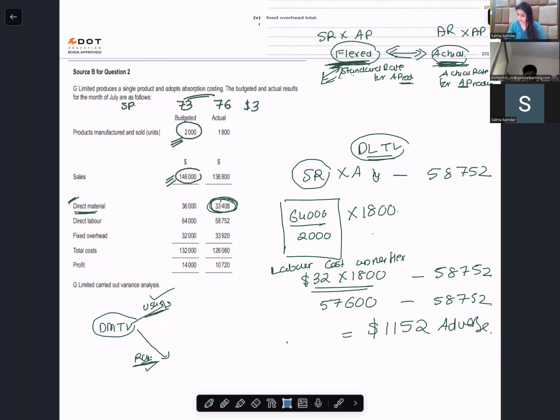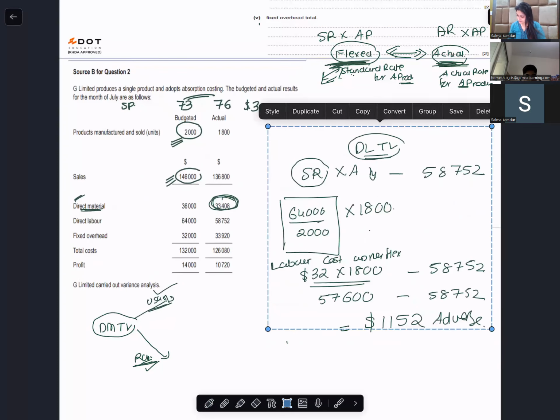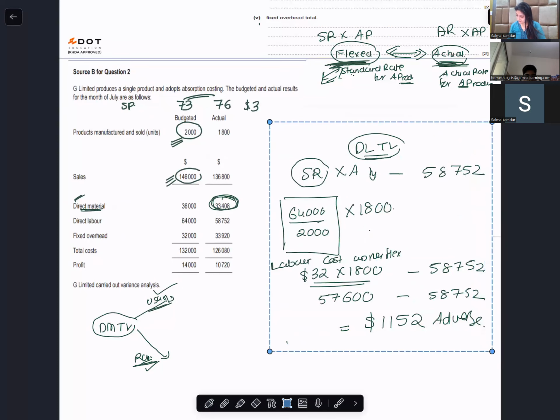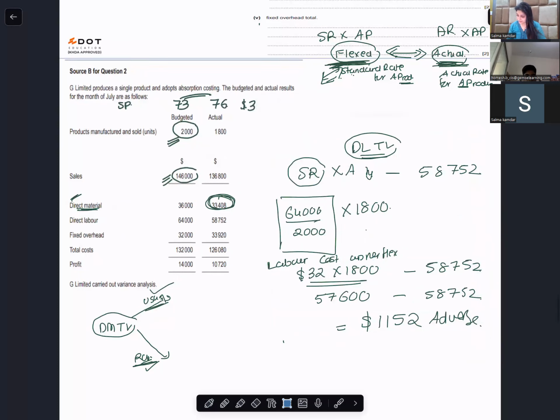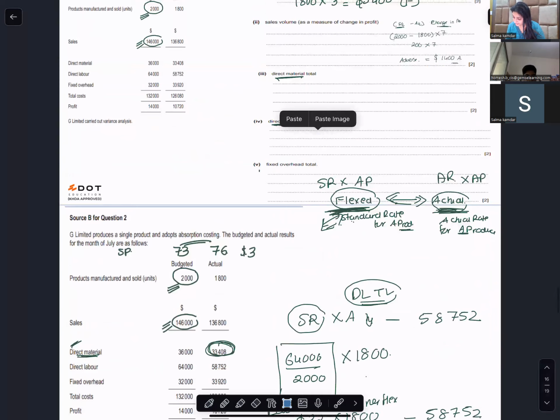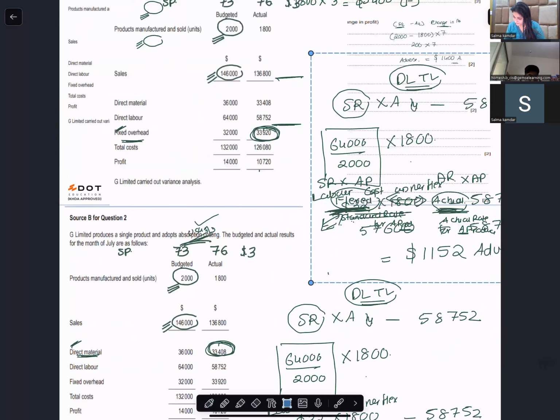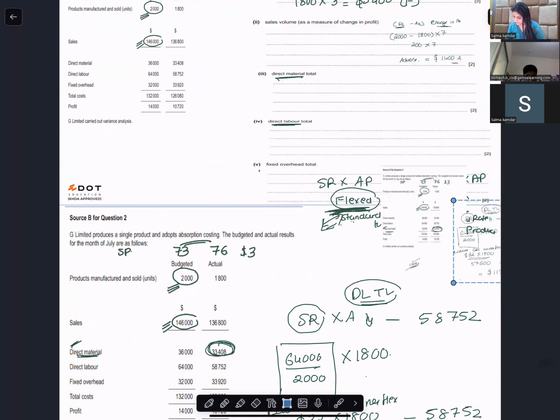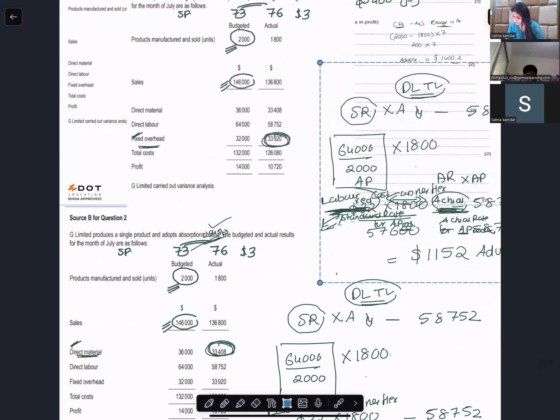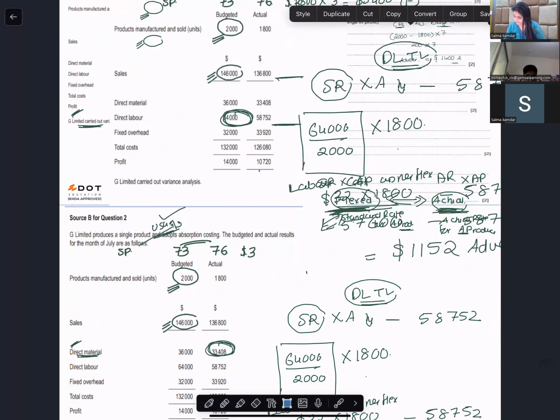So this is your direct labor total variance. Are you with me? Yeah. Now what do they want you to find? Fixed overhead total variance.